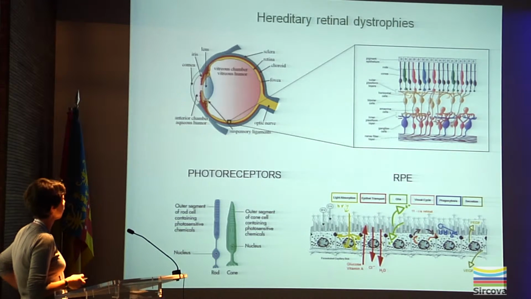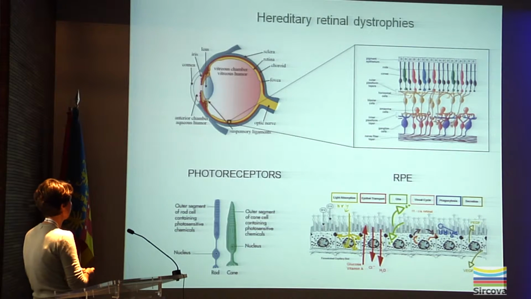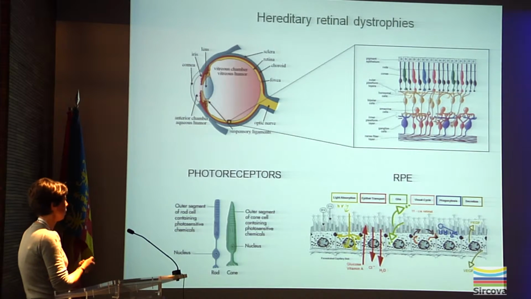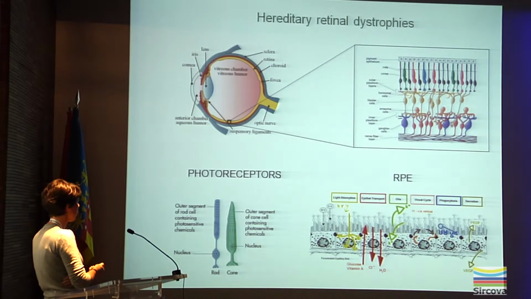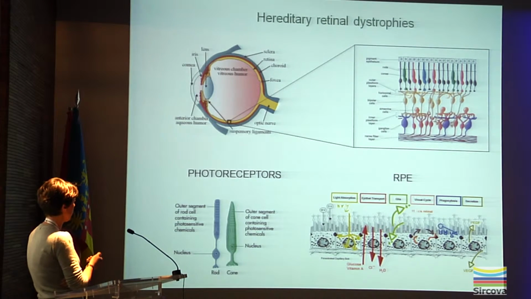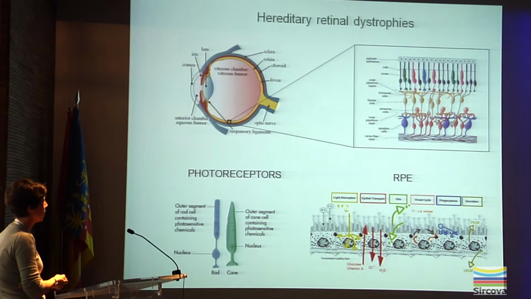We are interested in hereditary retinal dystrophies. You know that the retina is a multicellular organ, so it has several cellular layers. However, the two cell types affected in hereditary retinal dystrophies are photoreceptors and retinal pigment epithelial cells.